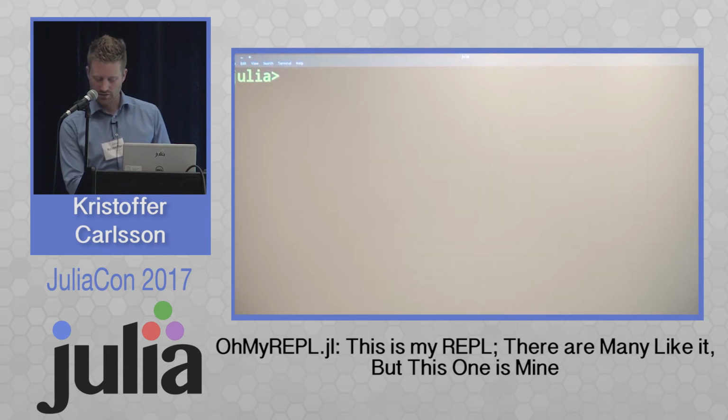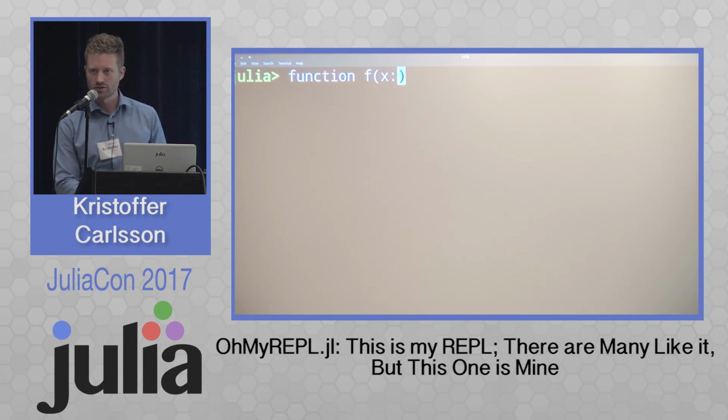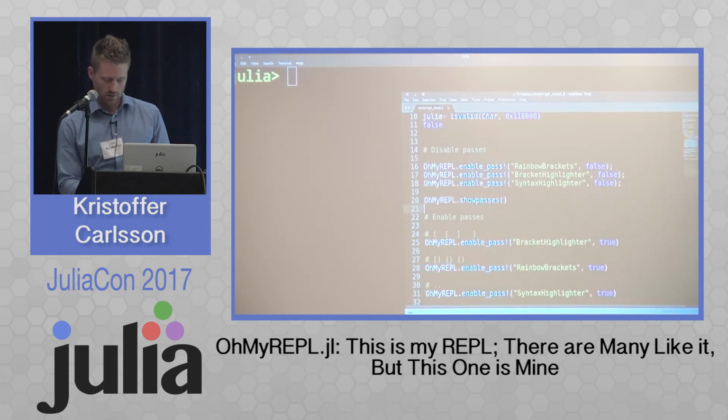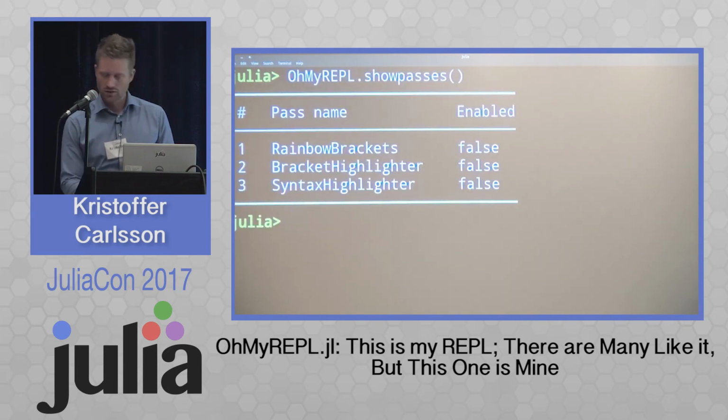And you can see now if I type something, there's no syntax highlighting and there's no rainbow brackets or anything. The reason is that I've disabled all the passes right now. So you can see here that all three passes are disabled.